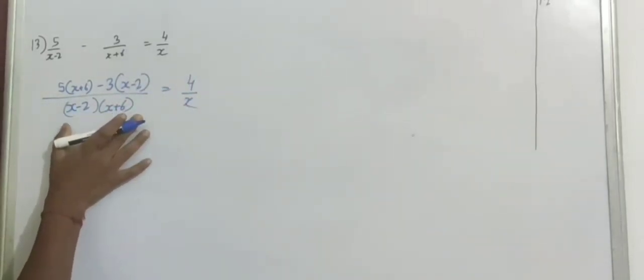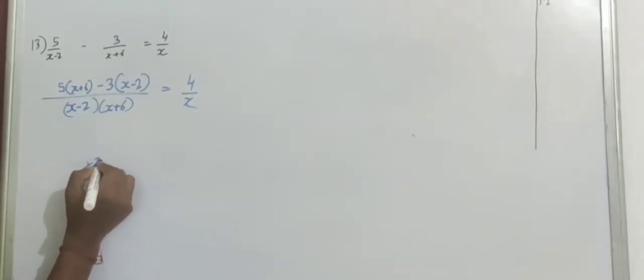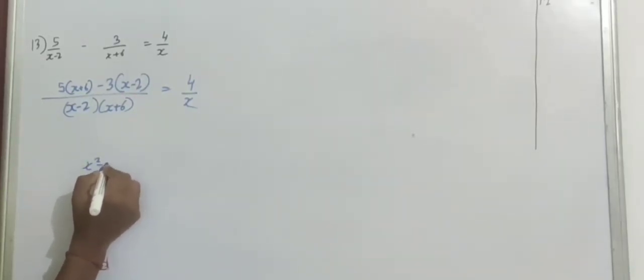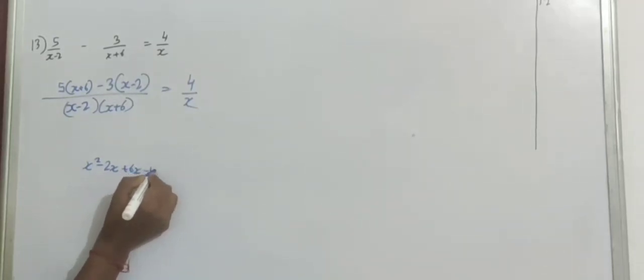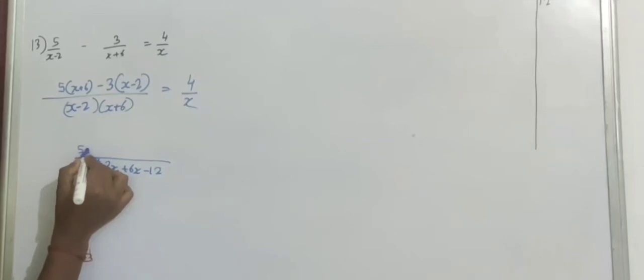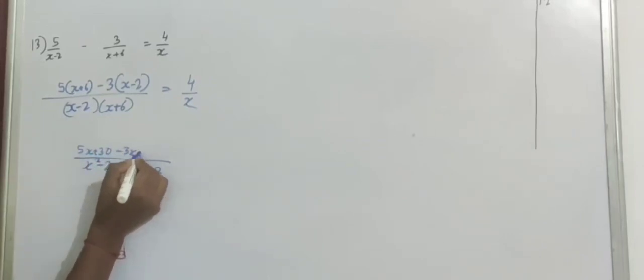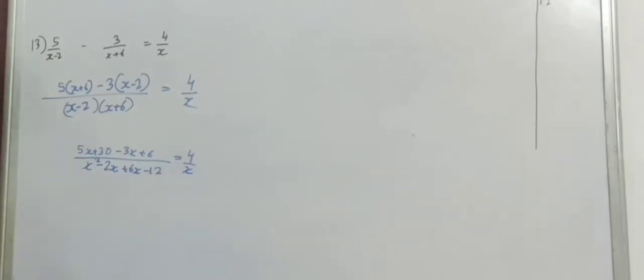Now solve the denominator. It will be x square minus 2x plus 6x minus 12. And then above we have 5x plus 30 minus 3x plus 6 is equals to 4 by x.